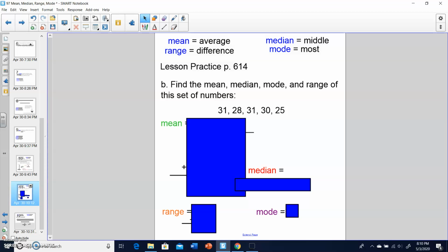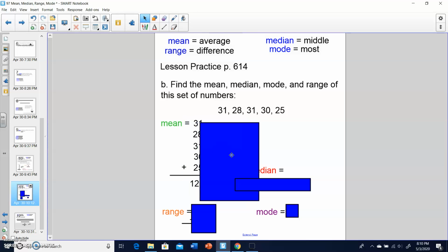Okay, go ahead and move on to B. Find the mean, median, mode, and range of this set of numbers. So this time I have 31, 28, 31, 30, 25. Go ahead and try to find the mean of those numbers, which also means the average. Pause the video and go ahead. If I'm finding mean, I'm adding them together.